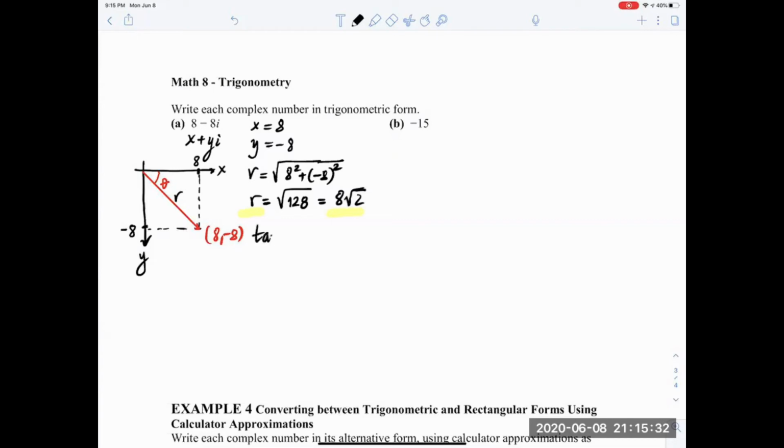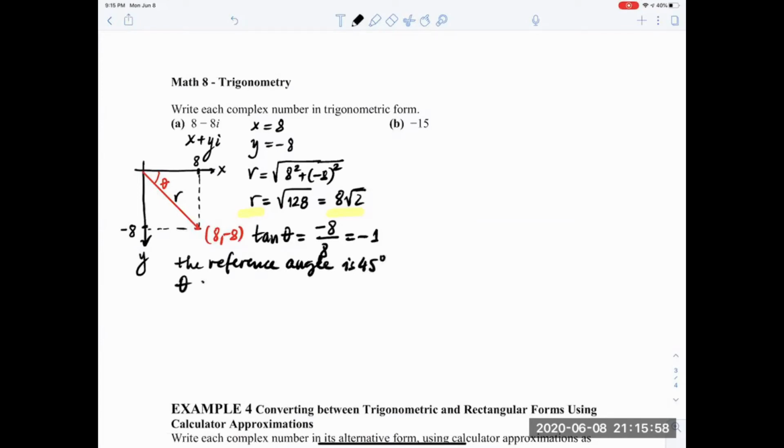So now tangent of theta, which is y over x, is negative 8 over 8. So that gives you negative 1. Now, because tangent of theta is negative 1, your reference angle is 45 degrees, but this is in quadrant 4.